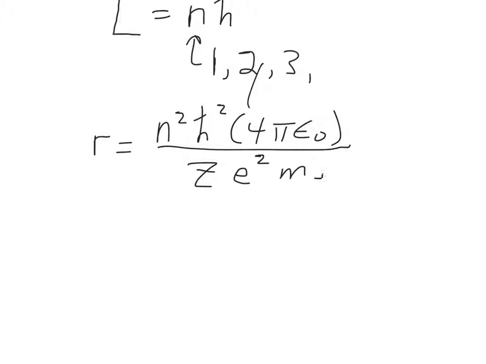And I remind you that if I'm talking specifically about hydrogen, z equals 1. So that says only certain radii are allowed, and I can find them by substituting a 1 in for this n, a 2, 3, and so forth, and I'll find the allowed radii.